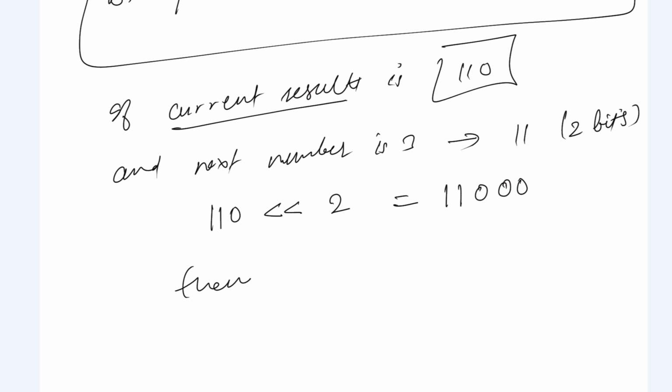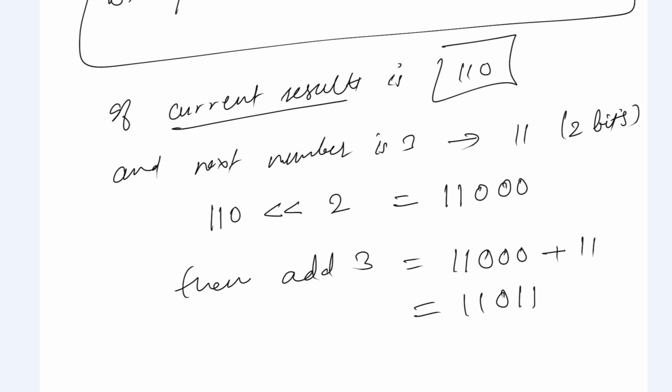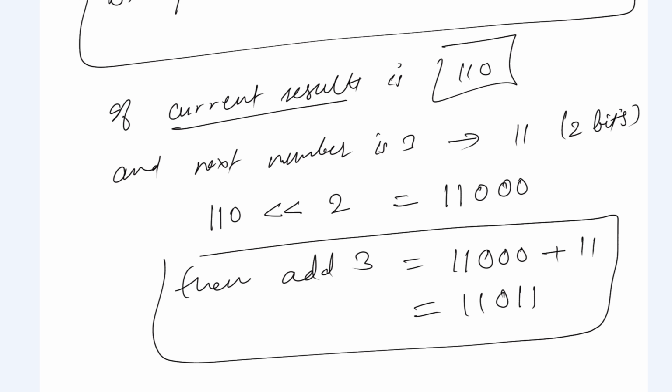And then we have to add 3, which is 11. So 11000 plus 11 gives us 11011. Are you following me?